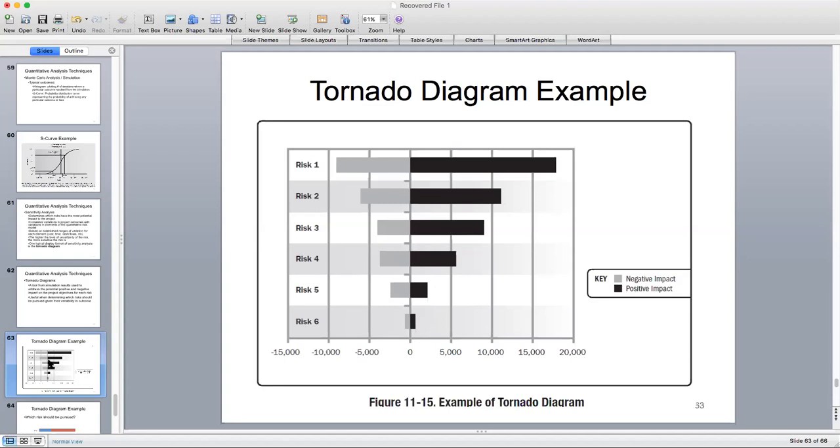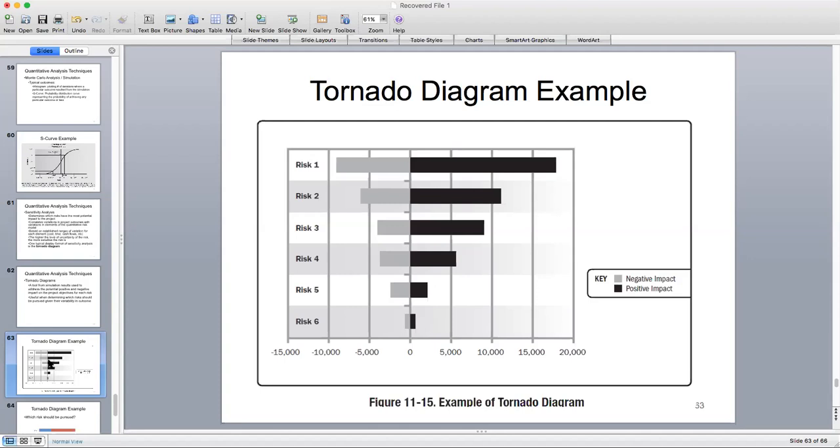Whereas when the risk is at its worst, at its highest point, the project is impacted by about $18,000 or so. So this risk is causing a lot of variability in the overall project cost versus all the way down to risk number 6.